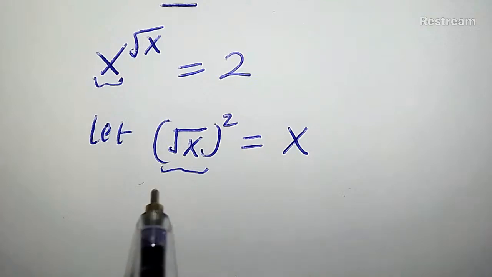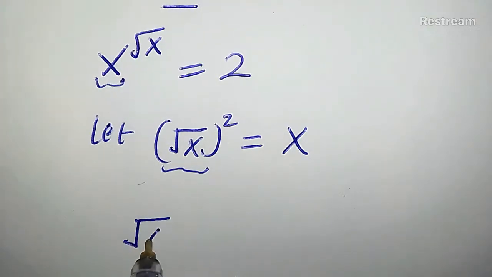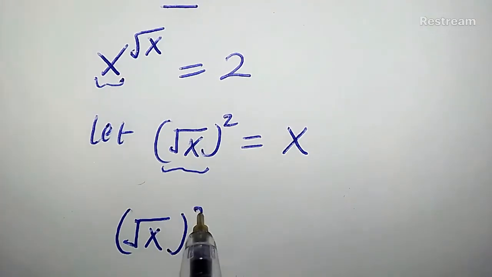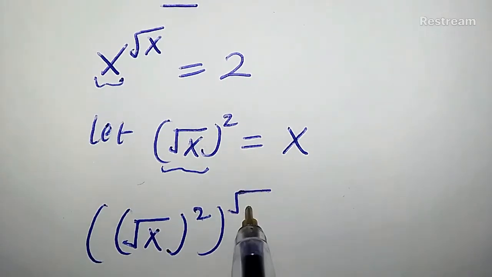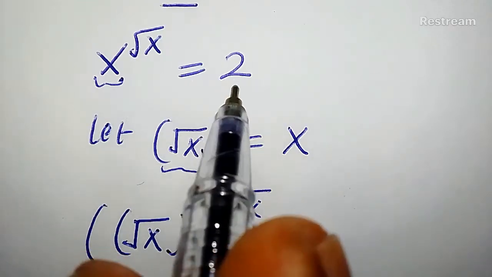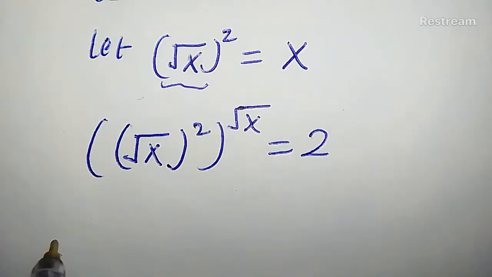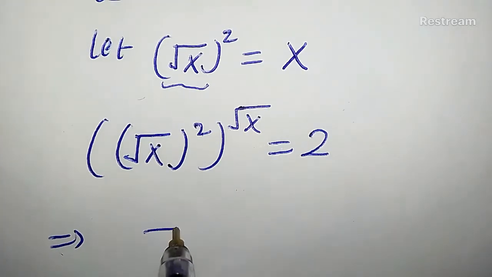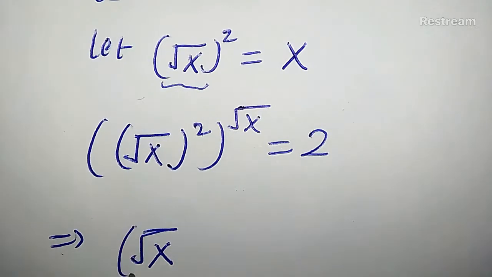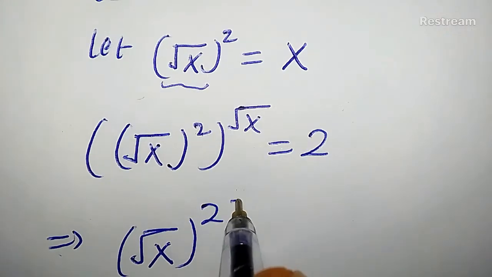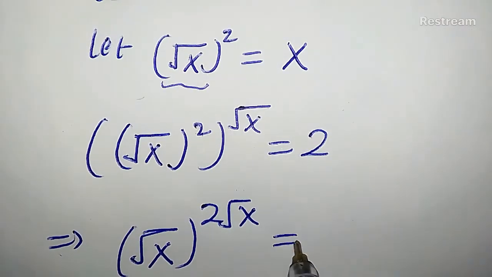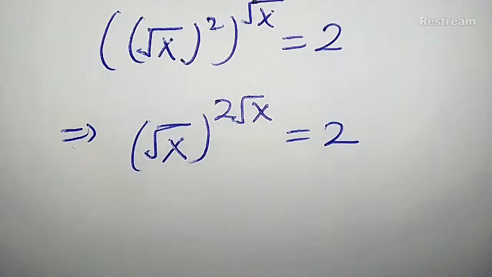So from here, we're going to have square root of x squared times square root of x equal to 2. This implies that square root of x times 2 times square root of x, that is 2 root x, equal to 2. Let's proceed further.